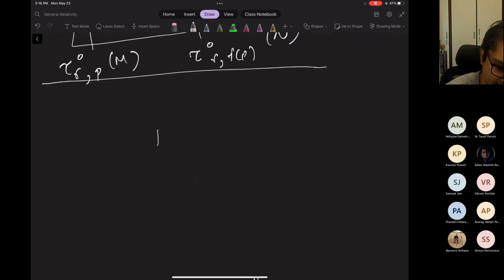Let's take M, let's take the point p, and let's take an arbitrary vector V and an arbitrary dual vector omega. And now let's take N, the point f of p, and the push forward of V, which is f star V.